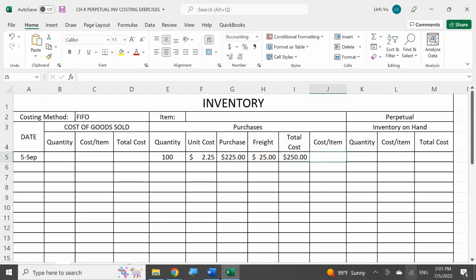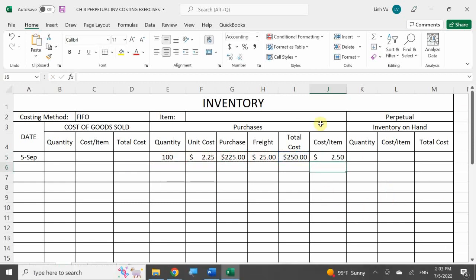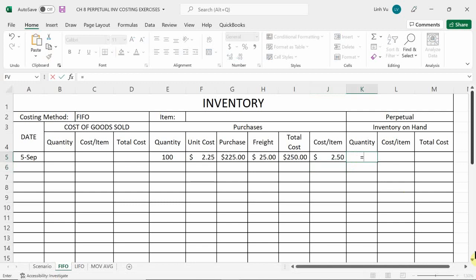Because we're using FIFO, I need to separate my inventory batches. What's my cost per item? $2.50 per item. So I'm going to carry that into my inventory on hand, copying the quantity and cost per item, and multiplying these. So I have my inventory: 100 items for 250.